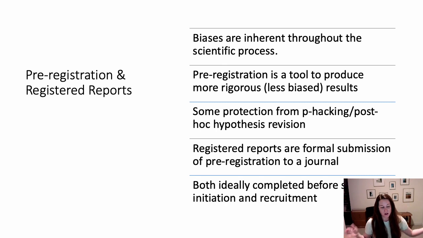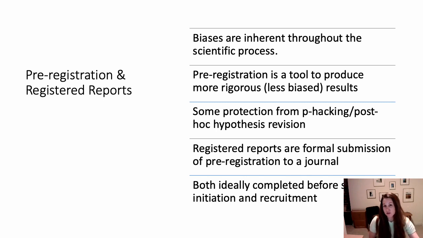You lay all of this out in a pre-written plan. Then you can pre-register that plan and timestamp it on a platform like OSF or in another way, and say, here's my plan, this is the study that I'm going to run. I'm going to timestamp it, and then I'm going to start my study.